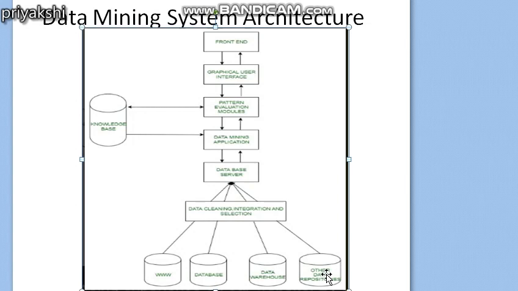Whenever we are talking of databases in which data mining algorithms can be applied, there is a variety of databases, and we know that the strength of the data mining process lies in the variety of data that it can mine. So data mining algorithms are applicable to any kind of information repository storing any kind of data.